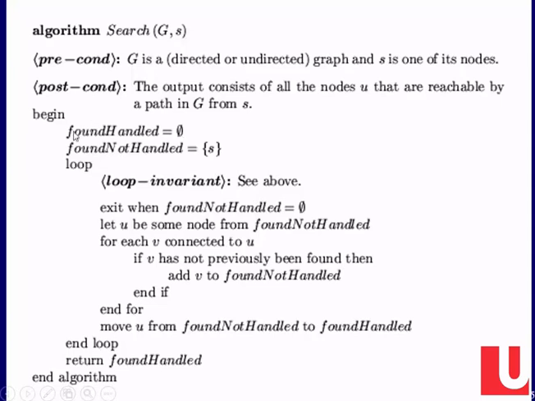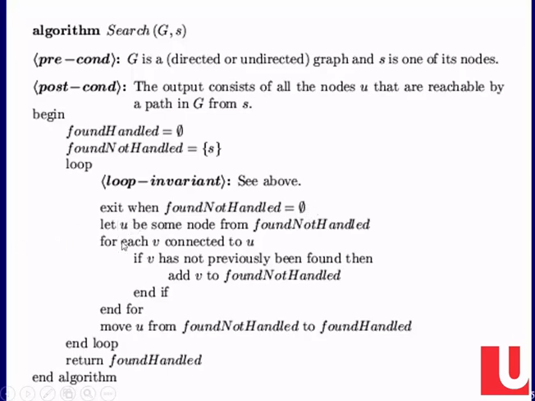Our loop invariant is that the found nodes are reachable from S, and the handled ones, their neighbors are found. Then we exit when found not handled is empty.